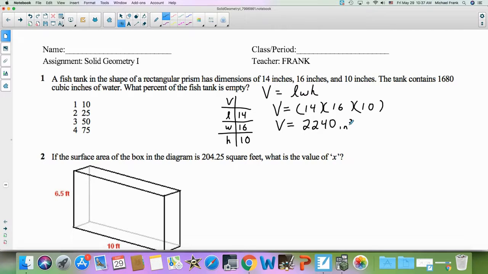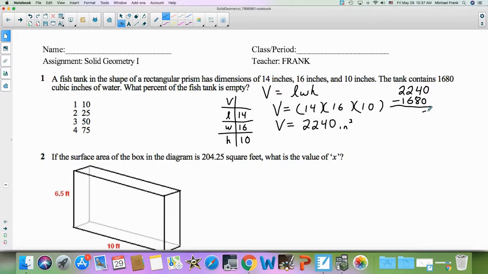However, there is 1,680 cubic inches of water already in there. Well, what percent is empty? Well, obviously, to figure out the empty volume, we're just going to take the total capacity and subtract what water there is in there.